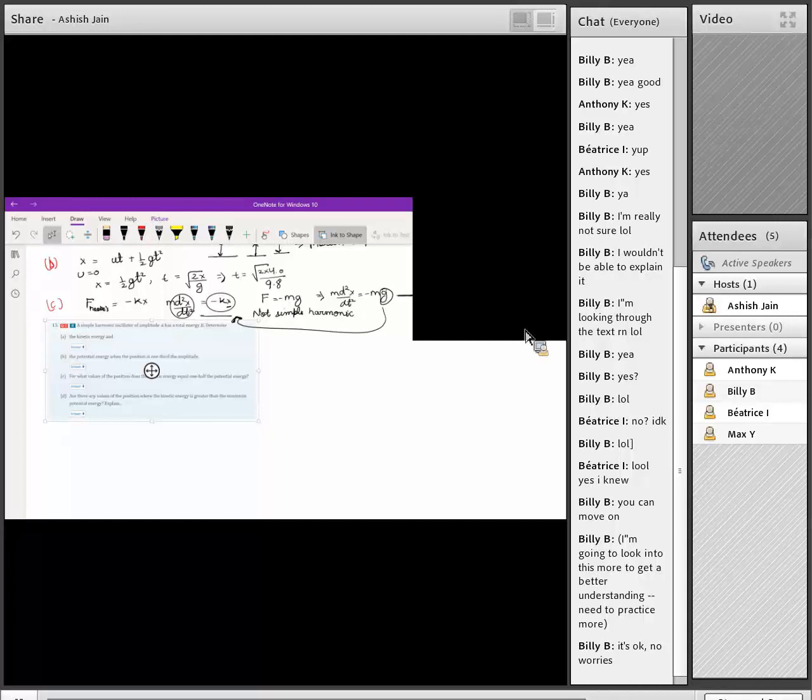A simple harmonic oscillator of amplitude A has total energy E. Determine the kinetic energy and potential energy when the position is 1/3 the amplitude. Let's see what's given.